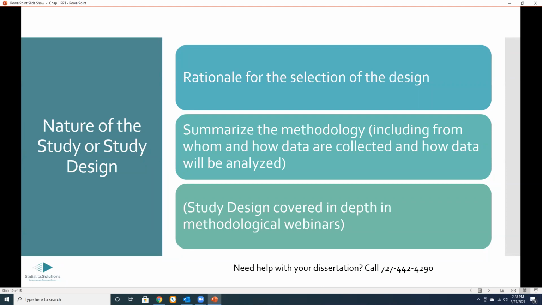How many citations? Sometimes for your lit review, your school will require a certain number of citations, but I've never seen a required number of citations for chapters other than that. So I don't know, however many it takes.